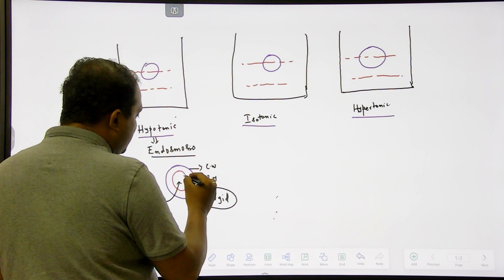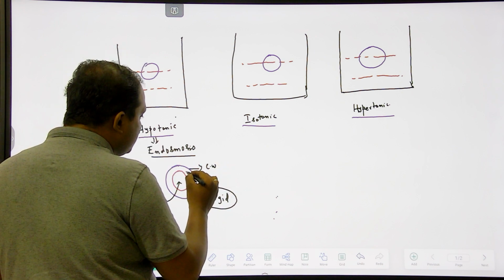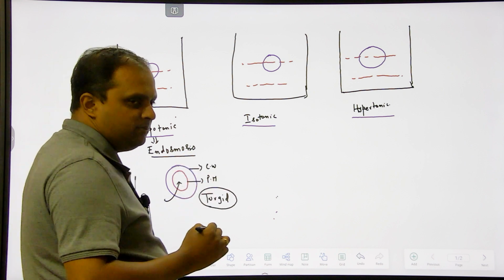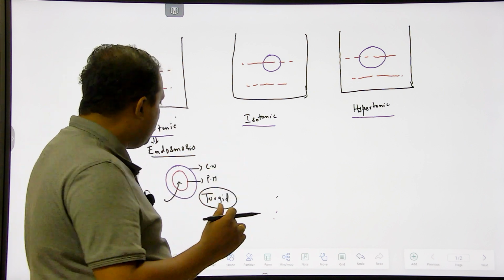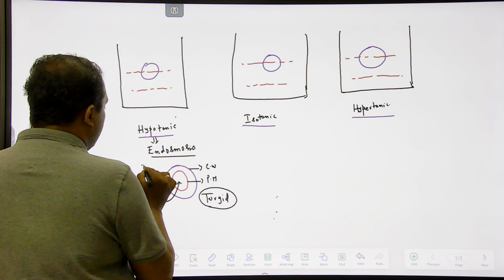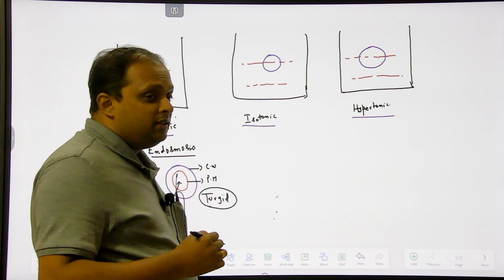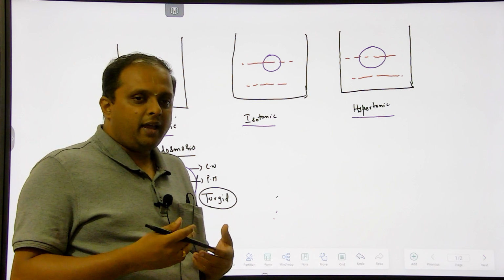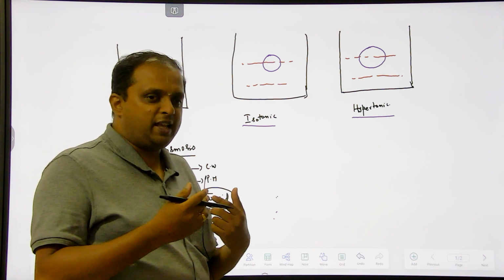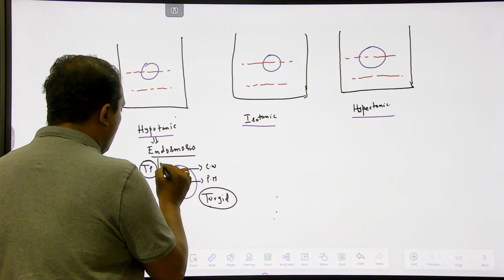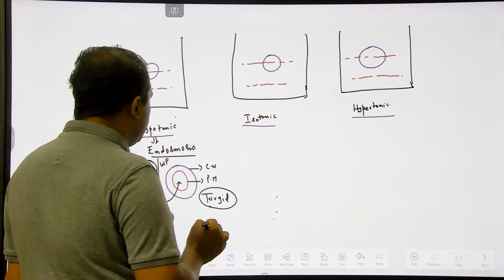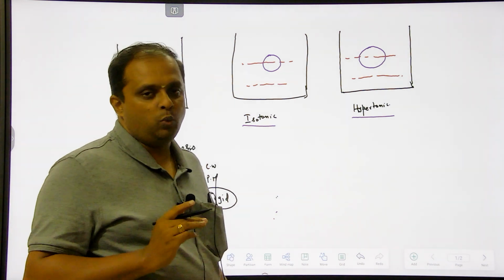So this expanding plasma membrane is going to exert a pressure on the cell wall. I hope you get this. This pressure is what is called turgor pressure. And in turn the cell wall is going to exert an equal pressure on the plasma membrane, which is called wall pressure. So we have two terms here, turgor pressure and wall pressure.